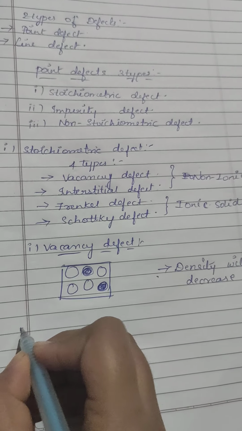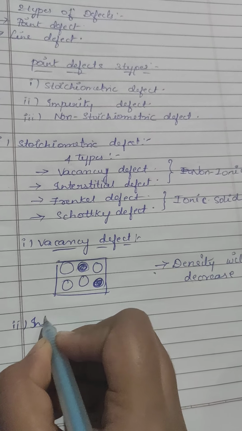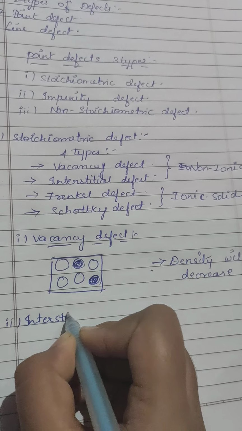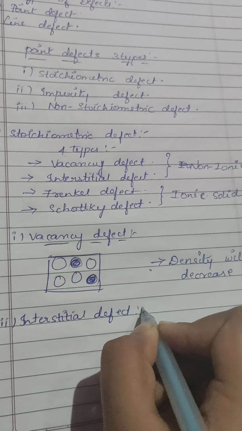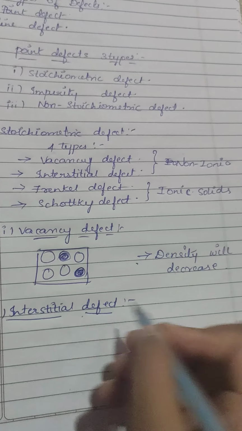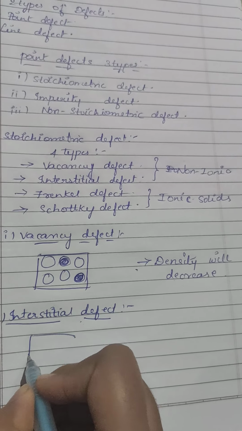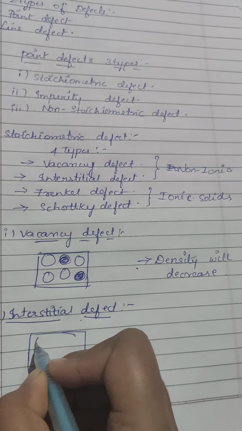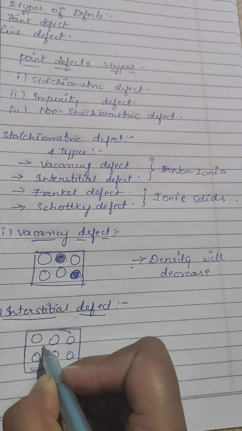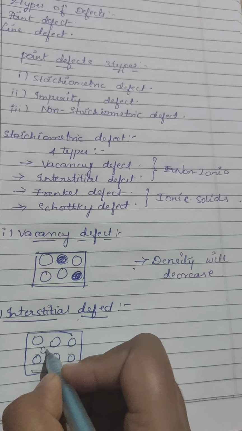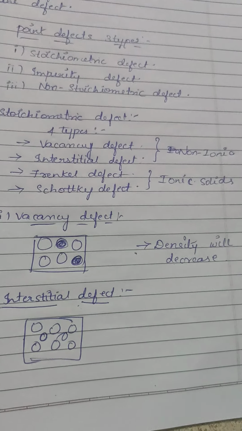So the next type is interstitial defect. In this defect, what happens is, this will be the arrangement, and in the gap between these, an atom comes and occupies the space.